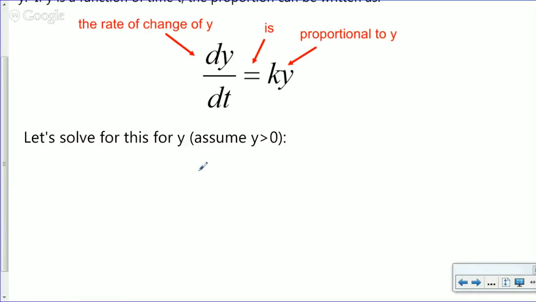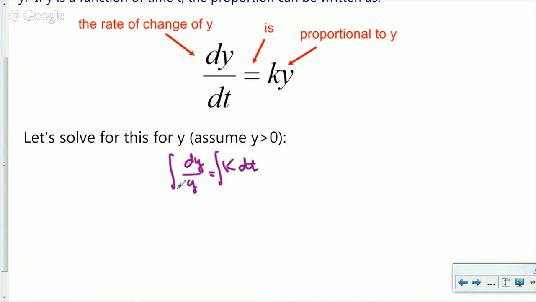You can go either way with the k, because that's just a constant, but I'm going to leave the k on the right side. So let's divide both sides by y and multiply both sides by dt. So I would have dy divided by y is equal to k dt, right?